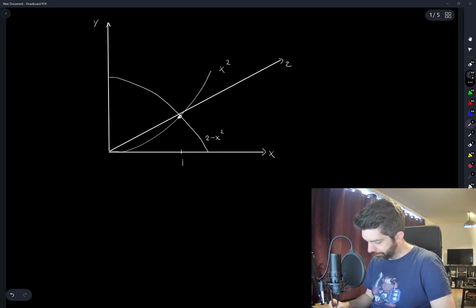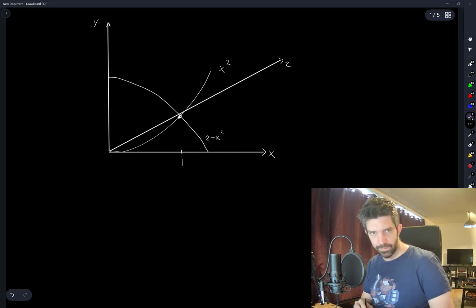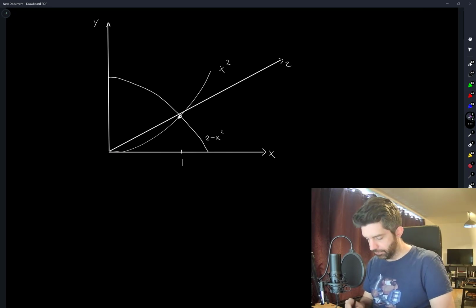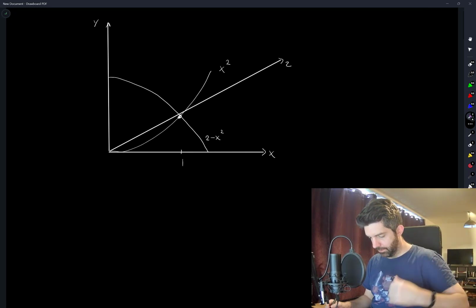So for this last plane, z is equal to y plus 3. So z is equal to 0, sort of the front thing here.